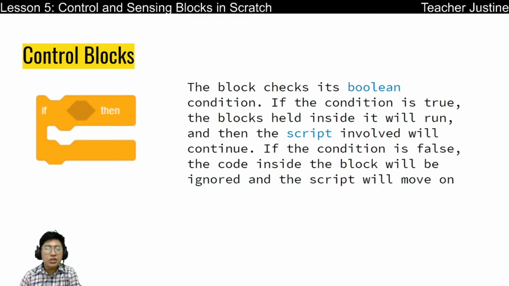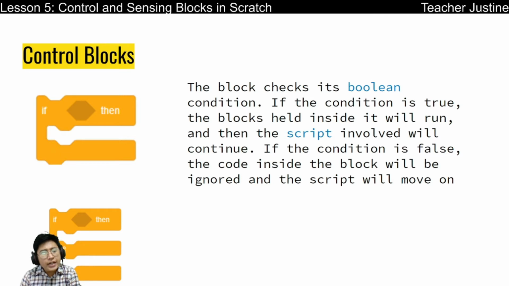If the condition is true, the blocks inside will run and the script will continue. But if the condition is false, the code inside will be ignored and the script will just move on to the next script. So this is the if then. Later on, guys, we're going to have an example for this, like how to use it. But now let's just proceed.